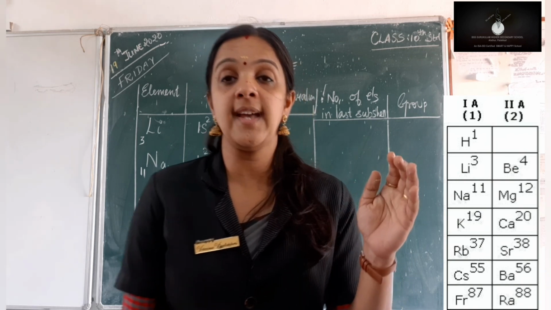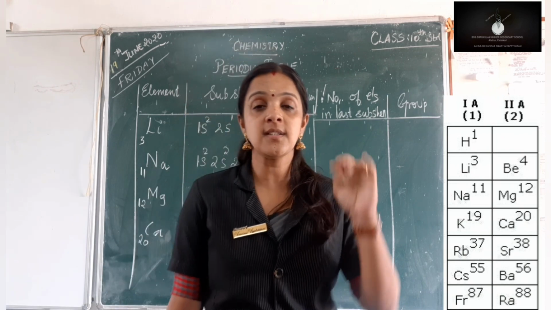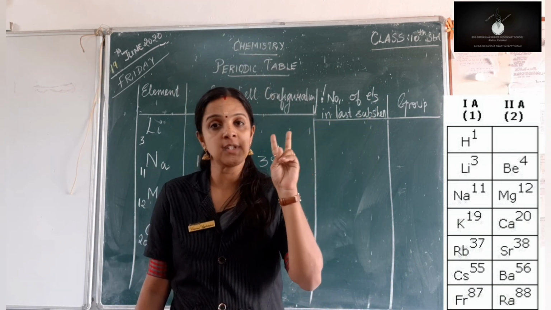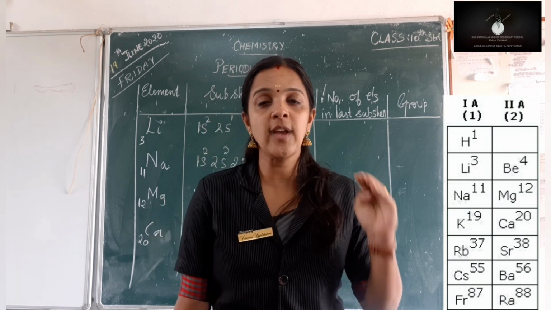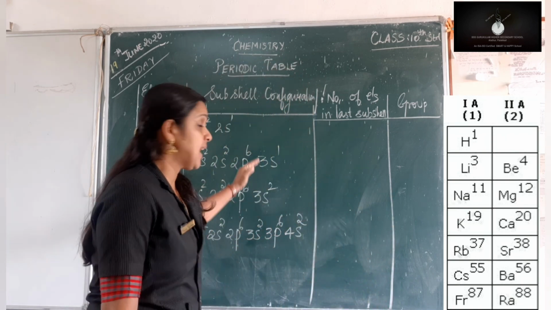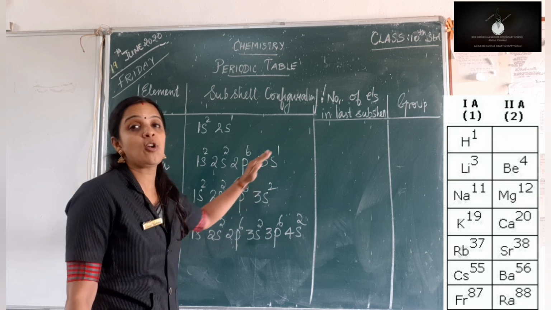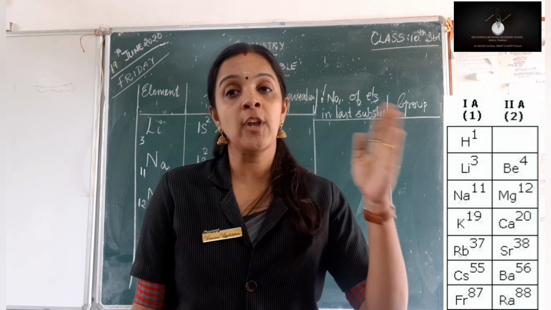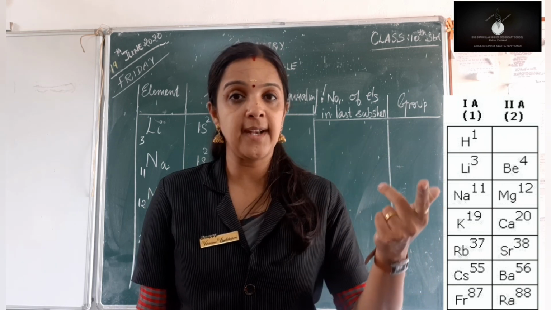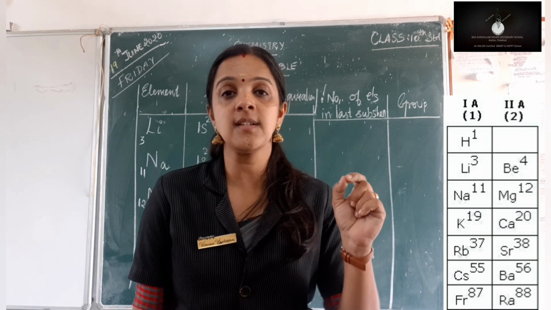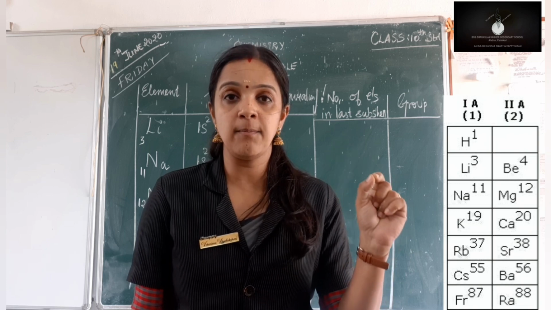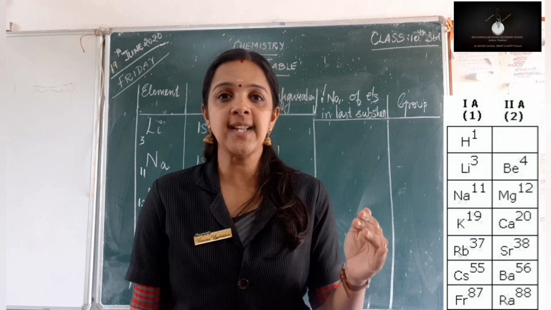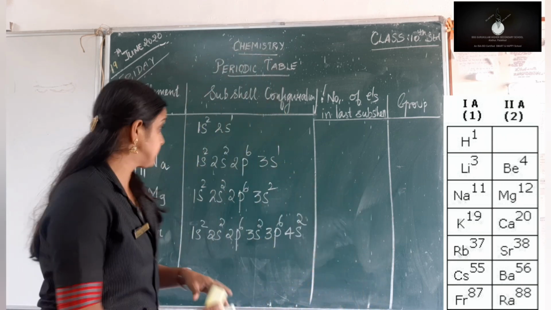S block has only 2 groups, that is 1 and 2. So if an element belongs to S block, it should be either in the first group or in the second group. Let's see how we can find out.